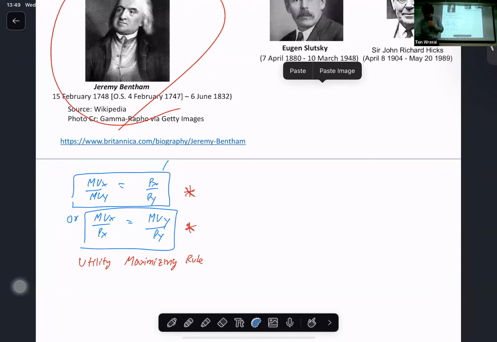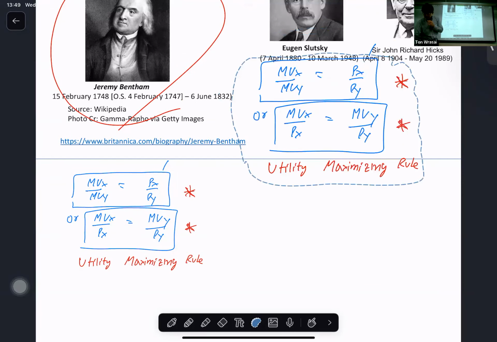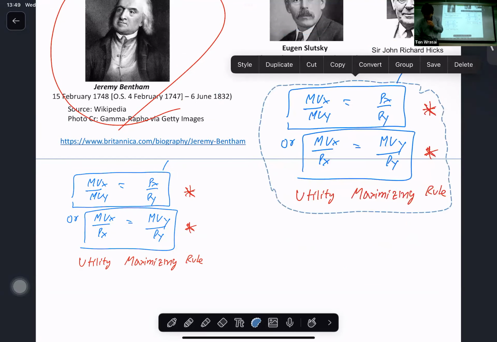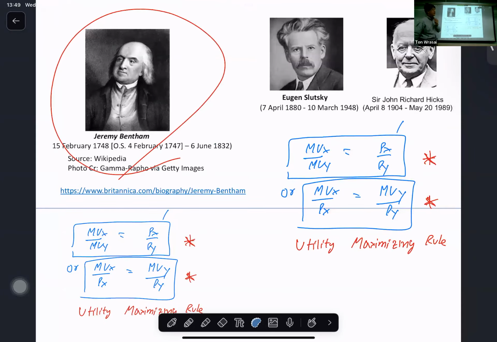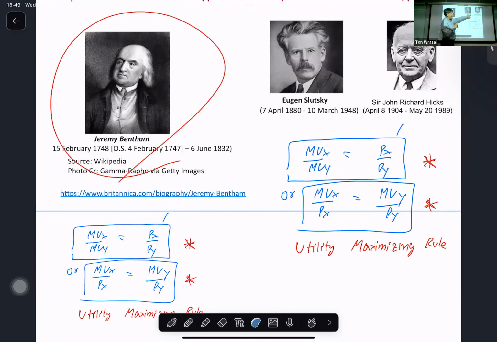And surprisingly, even though the two gentlemen here attacked Jeremy Bentham about his assumption of measurable utility, these two guys, Slutsky and Hicks, the ordinal approach, said we don't need to assume that people can state their happiness in quantitative terms like utils.